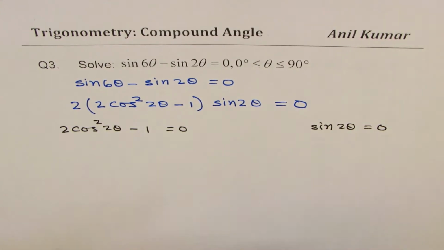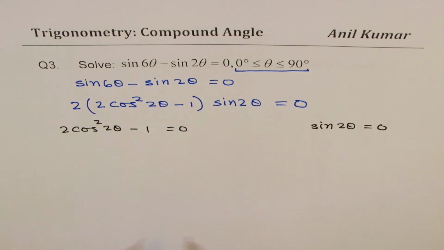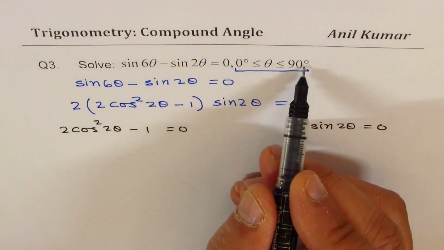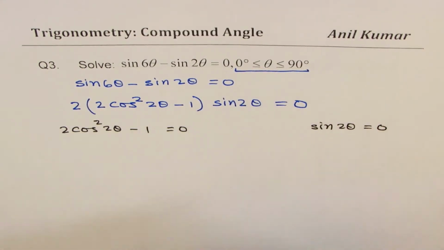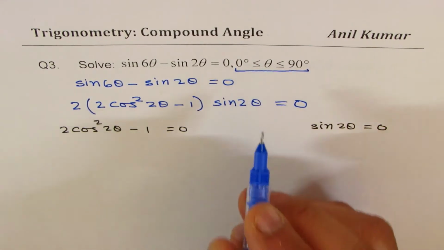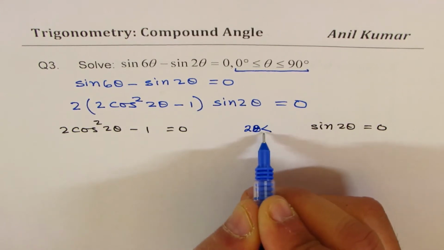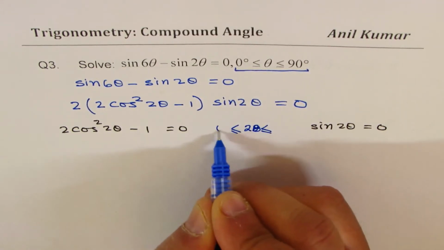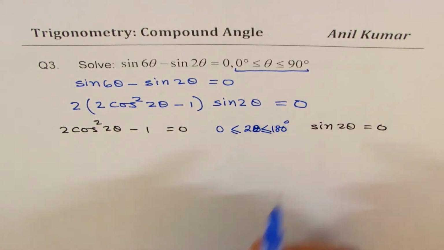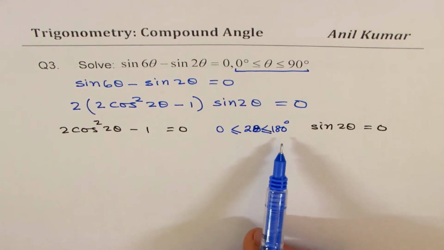And we're working in the domain where theta is between 0 and 90 degrees. Now look here. If theta is between 0 and 90 degrees, then 2 theta is between what? I have to multiply this by 2. So 2 theta is between 0 and 180 degrees, right? If you multiply by 2, you get the domain for 2 theta.